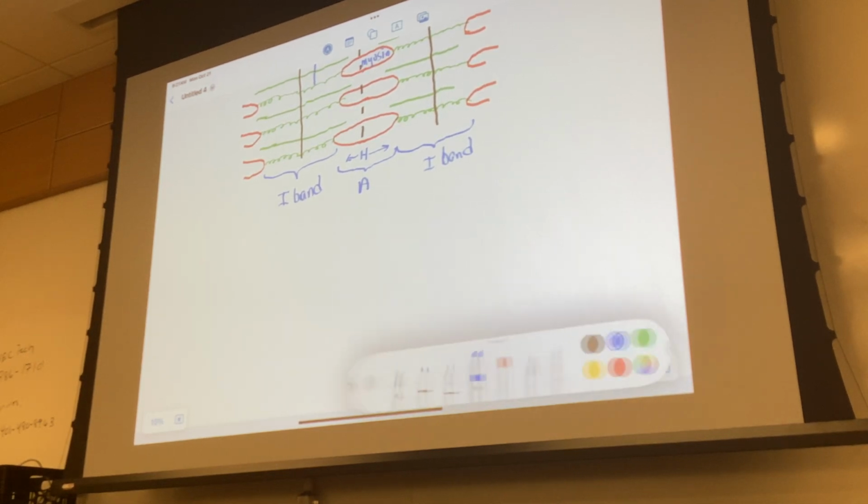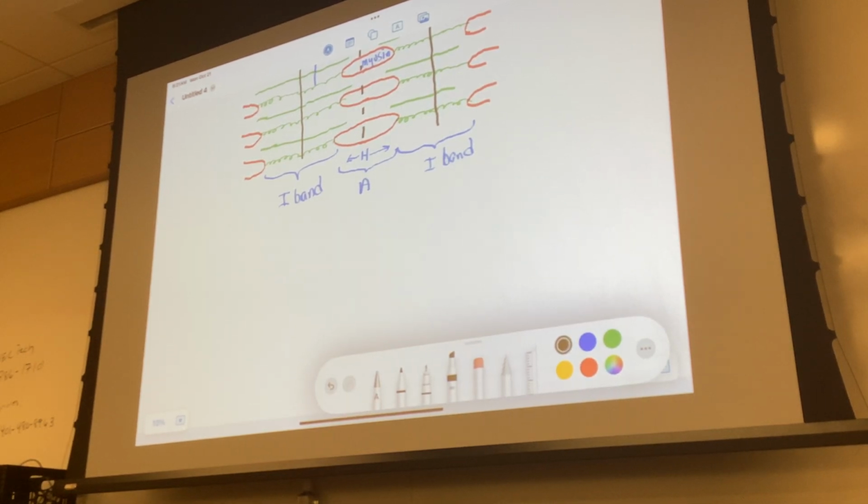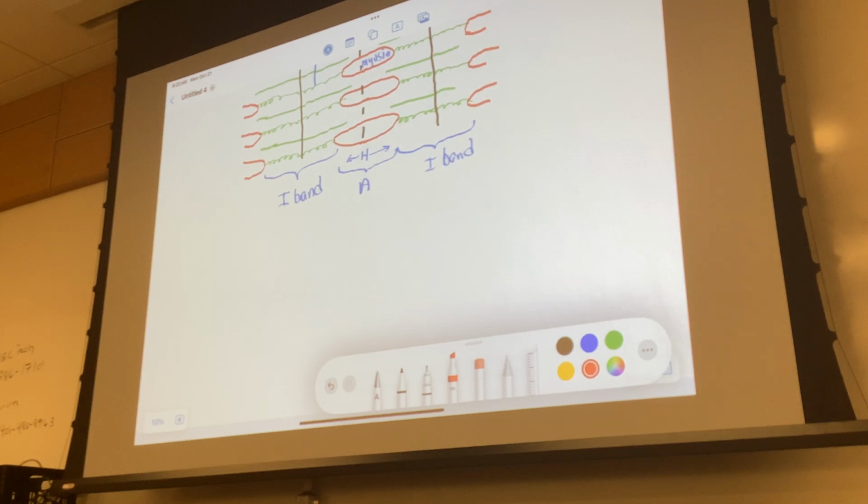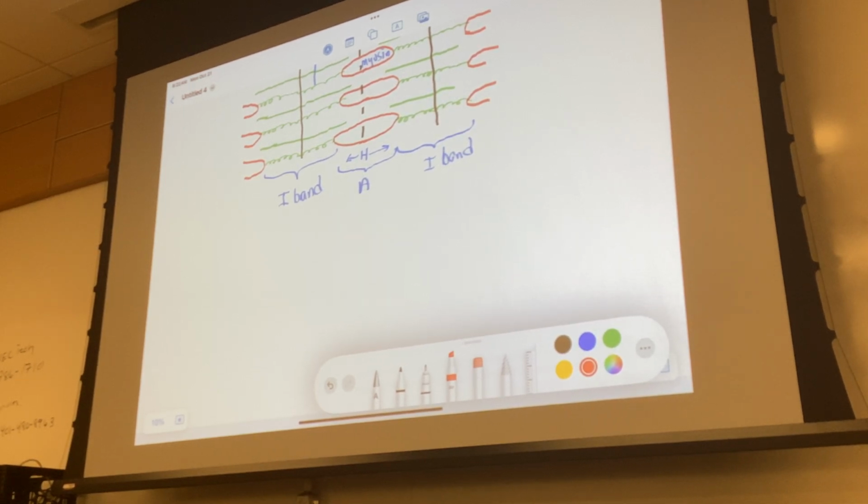All right. So now for this part of the drawing, what I'm going to try and do is copy the M line right down the middle, right down there. Then I'm going to try to replicate the length of the myosin molecules. And then things will change. So the first part of this is going to be the M line.